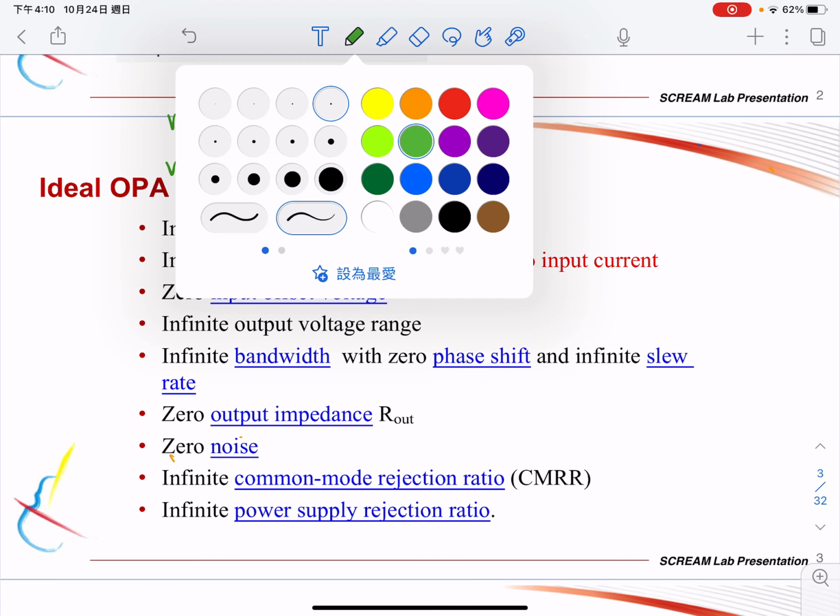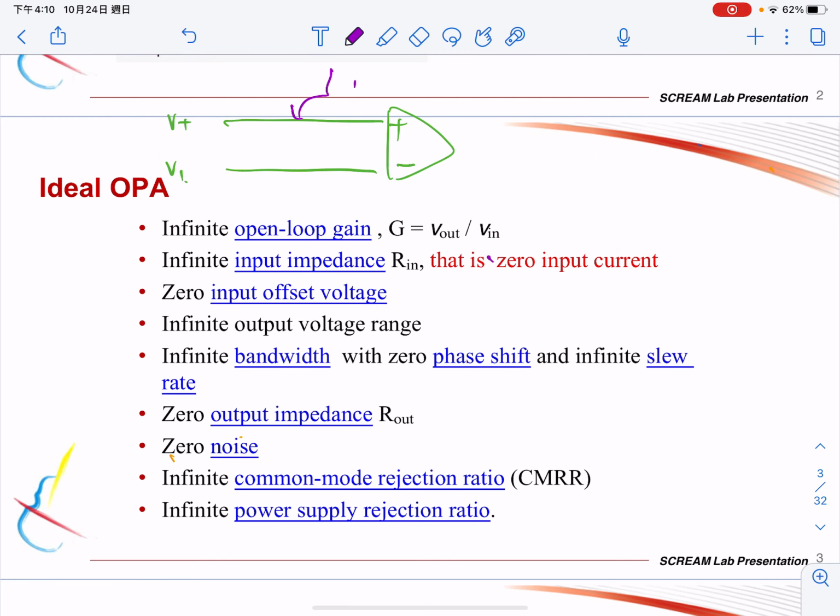But in case we have a noise n of t going inside here, at this point we have V plus of t plus n of t, and at this point we have V minus of t plus n of t.